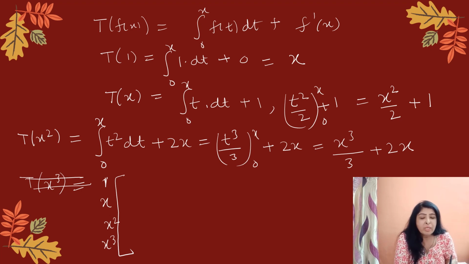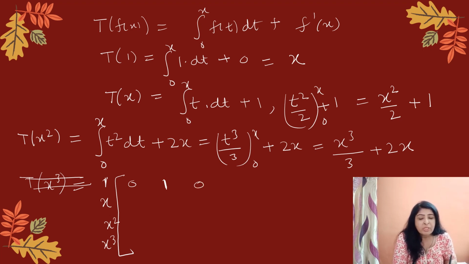So the coefficient of 1 is 0, and for x, in T of x, there is a constant term 1, and for x cube 0.